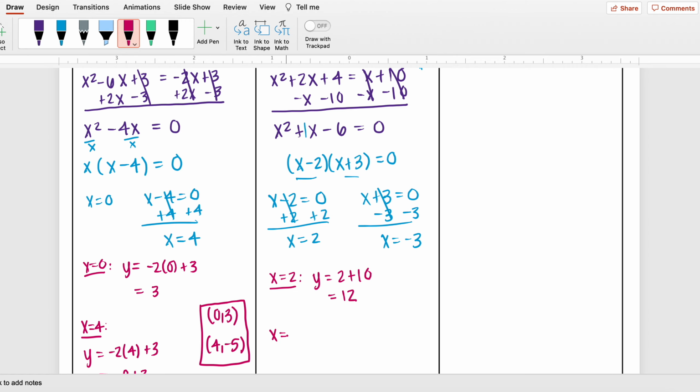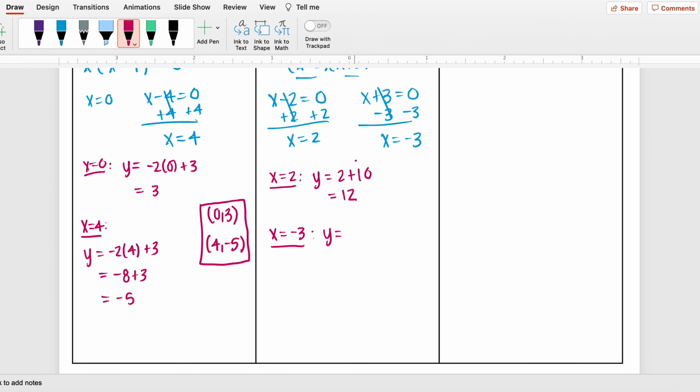And then when I plug in x equals negative 3, I have that y is equal to negative 3 plus 10, which is equal to 7. So that means that my 2 points are (2, 12), which I get from my first group here, and (negative 3, 7).